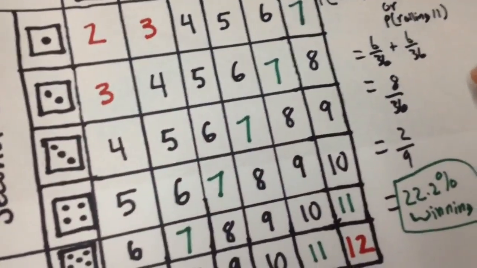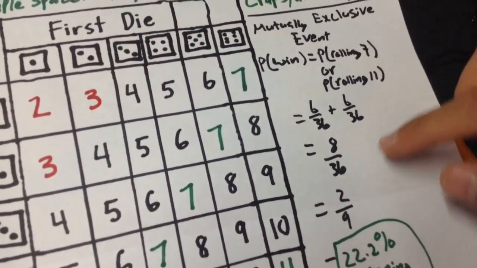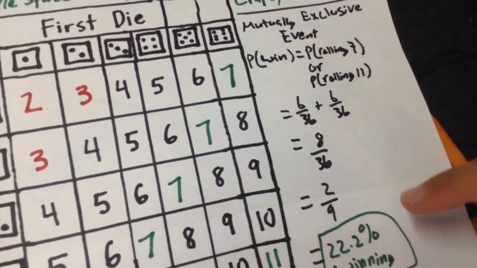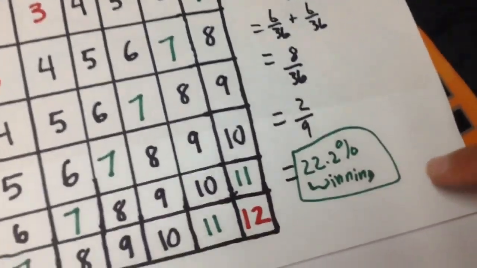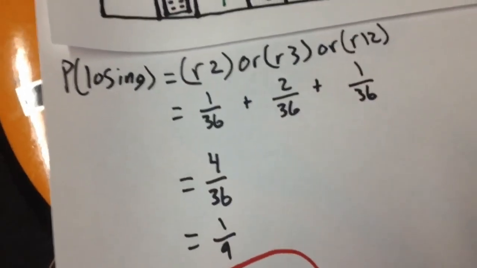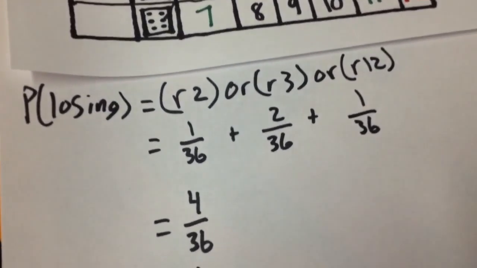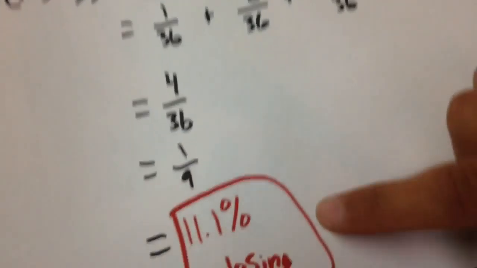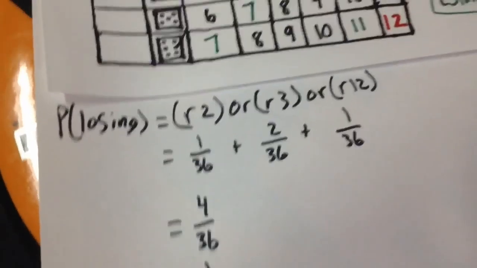That would be 6 over 36 plus 2 over 36, which would be 8 over 36, or 2 over 9. So the percentage is 22.2 of winning. My percentage of losing would be if I roll 2, 3, or 12, and here's the work, and my percentage of losing would be 11.1%.